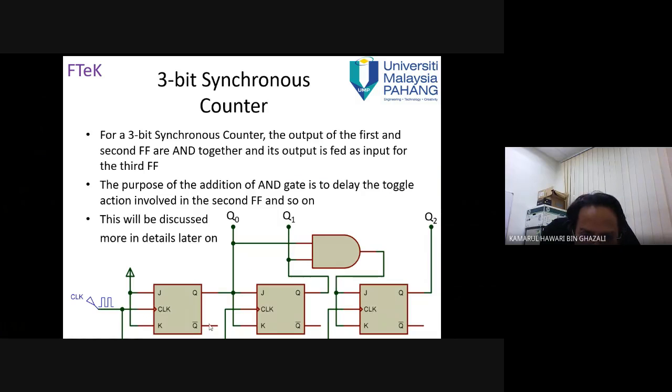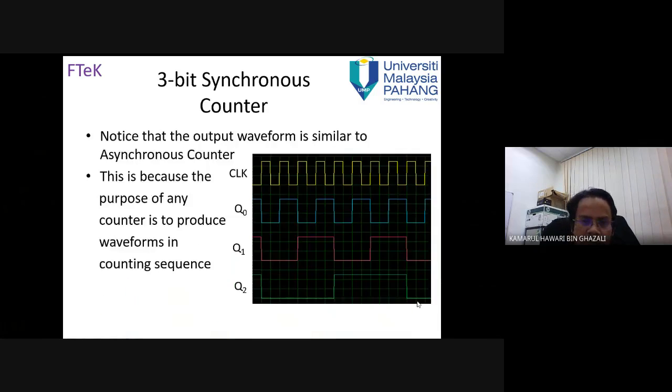For the circuit, we will discuss in detail on the next slide, but this is the example of a 3-bit synchronous counter. We have an AND gate between the second and third flip-flops. Let's look at the waveform or the timing diagram so that we can understand the operation of the 3-bit synchronous counter.